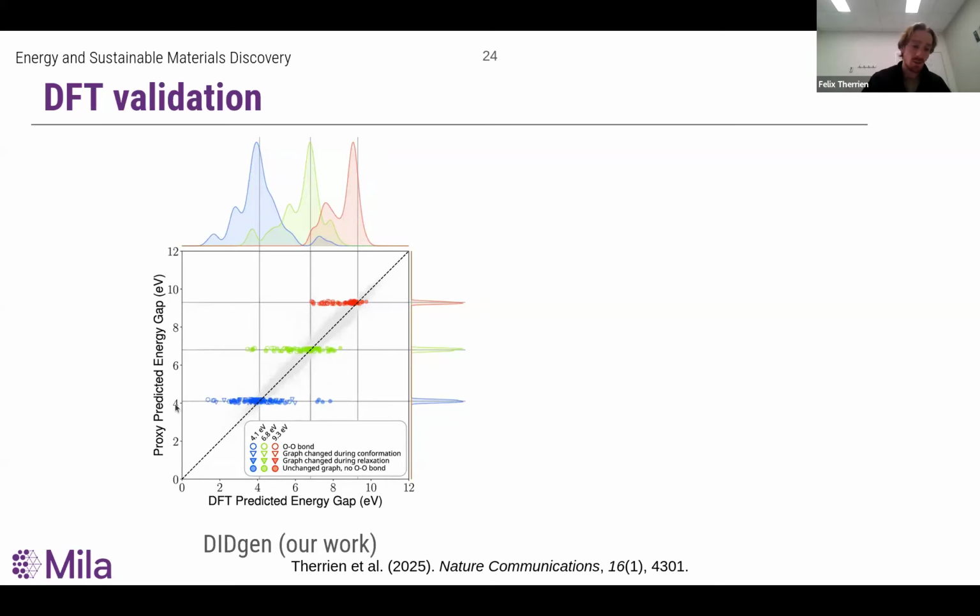We had 3 objectives: around 4, around 7 eV, and around 9 eV. On the y-axis, you can see that the proxy model, the machine learning model, was always within 0.1 of the objective, which is the stopping criteria.